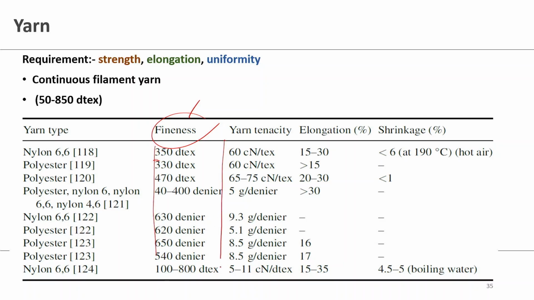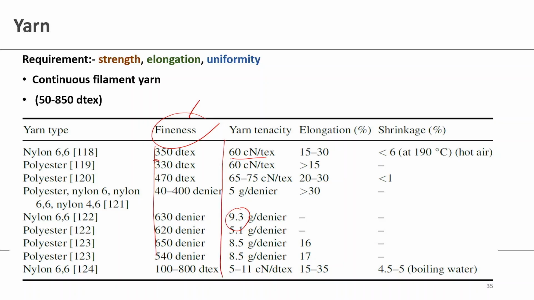Yarn tenacity is typically around 60 centinewton per tex, and for polyester it is 9.3 gram per denier. So, we can convert it.